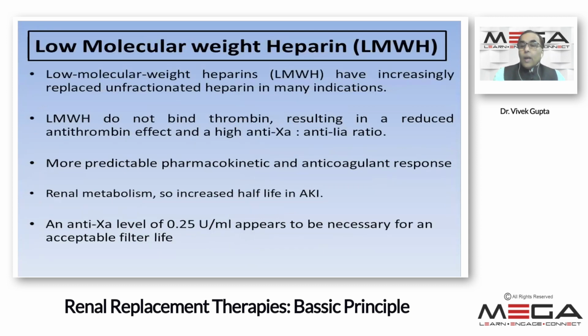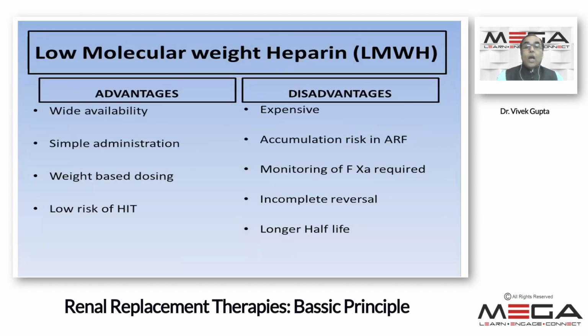Low molecular weight heparin is another option, which has been used in other indications and has been tried in CRRT as well, because it has a more predictable response, pharmacokinetics and anticoagulant response. There is renal metabolism to it, so its half-life is increased, especially in acute kidney injury.